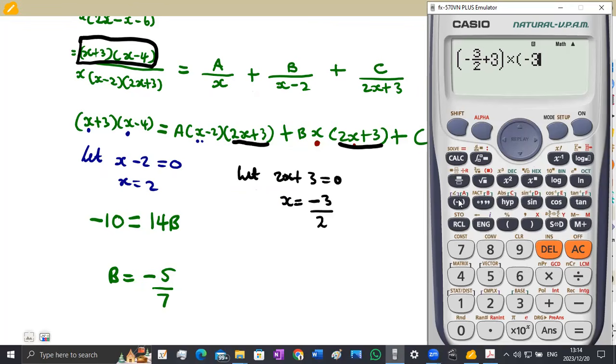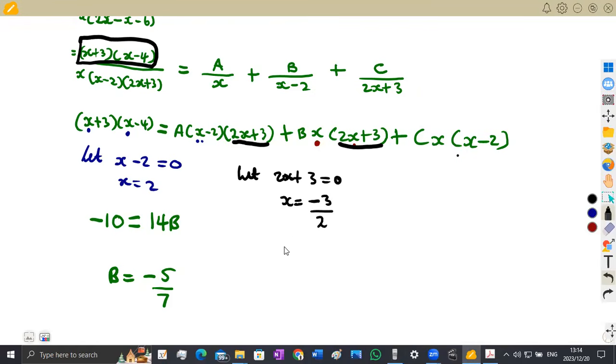So it's minus 3 over 2 like this. Then we're going to subtract a 4. So this is going to give us negative 33 over 4.